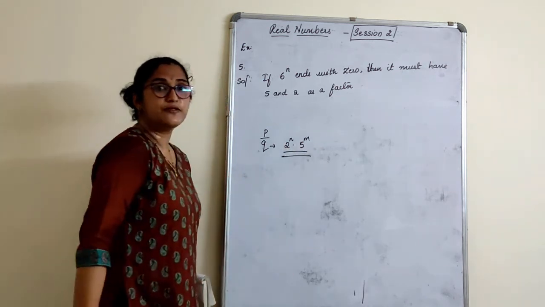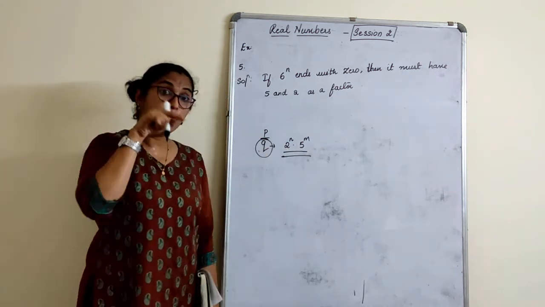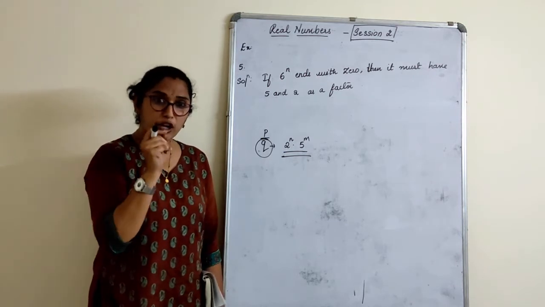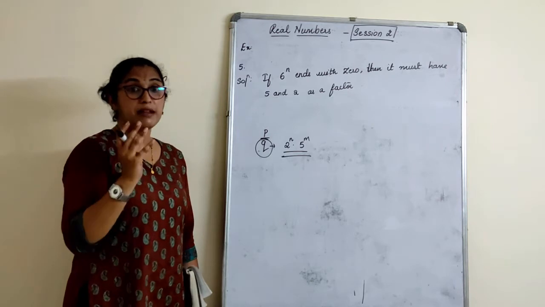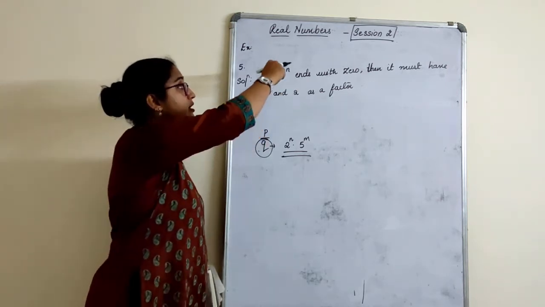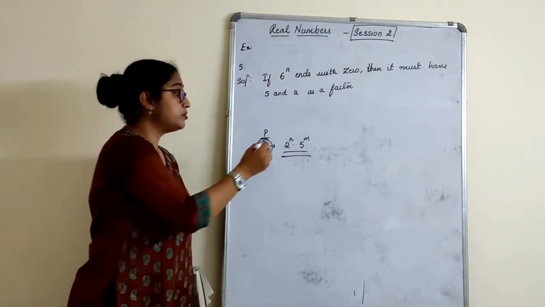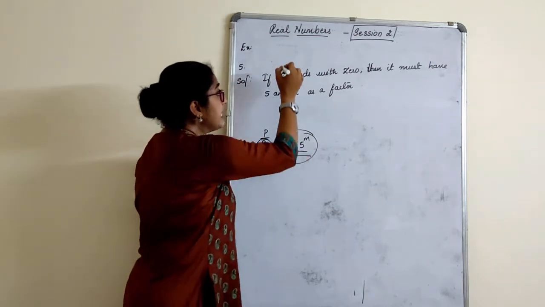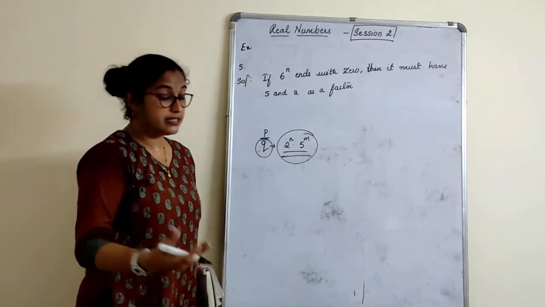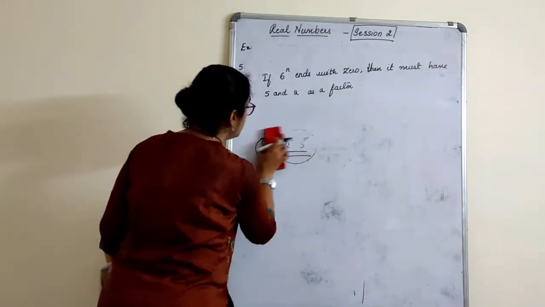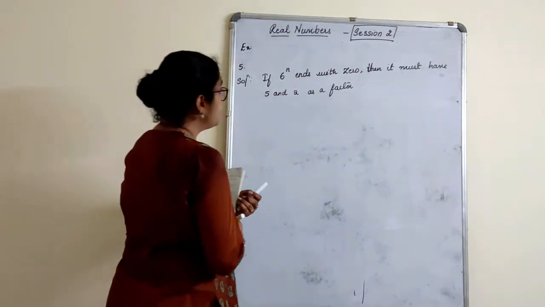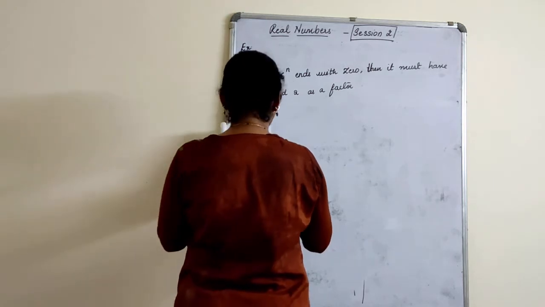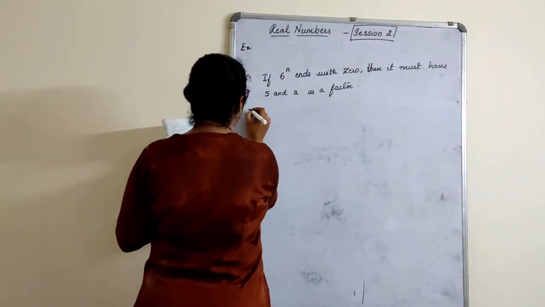Only then it is terminating. We always use such numbers because 2 raised to n, 5 raised to some number, if it has these factors, it can end with 0. So this is what we are going to use here as well as in the next exercise. So it should have factors as 5 and 2.